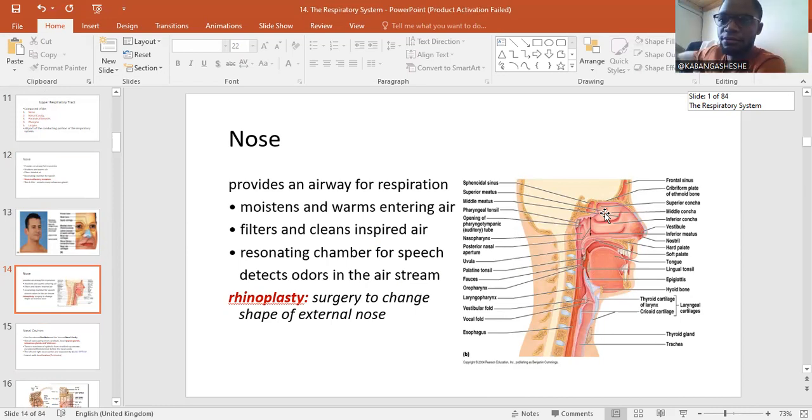Pseudostratified columnar epithelium inside here, but in the external nose is skin, and that's why in the entrance of the nose there you see some hairs.